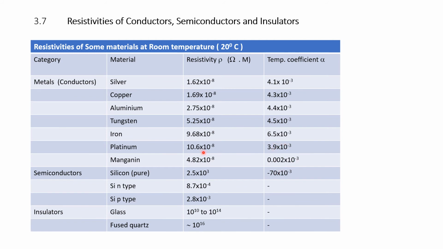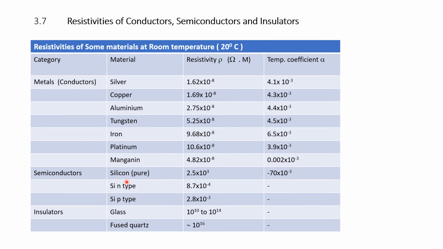Please see here again going back to conductors, the manganese has got very low temperature coefficient. This is extensively used in incandescent lights and tungsten bulbs, manganese bulbs, where the increase in temperature should not affect the resistivity.